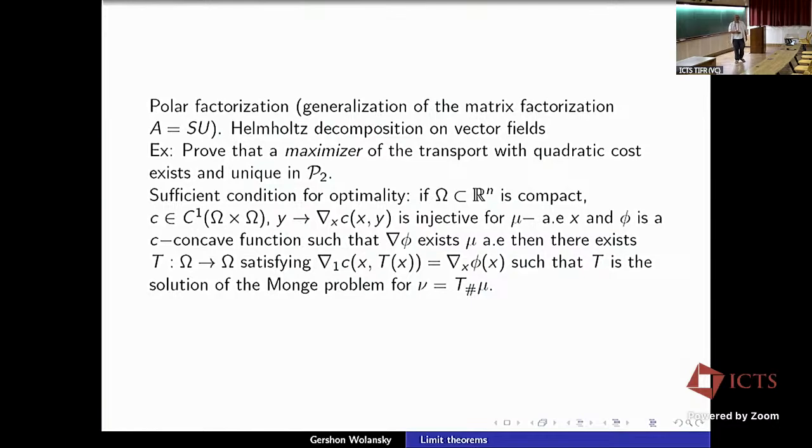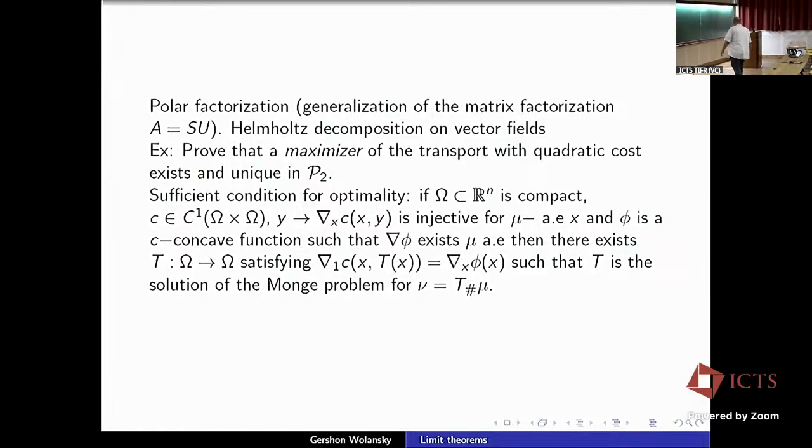Can I begin? Okay. So before I continue, I want to return for a minute to what I discussed in the last part of my talk yesterday. I mentioned a polar factorization theorem by Brenier, and I forgot to mention some conditions.